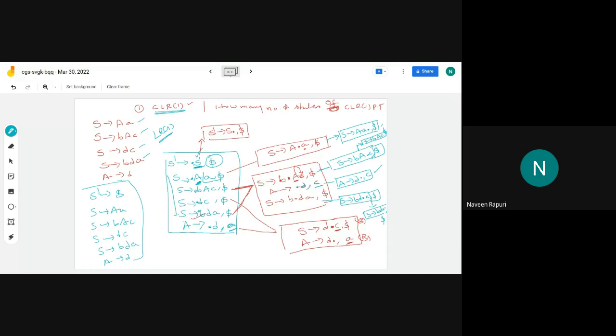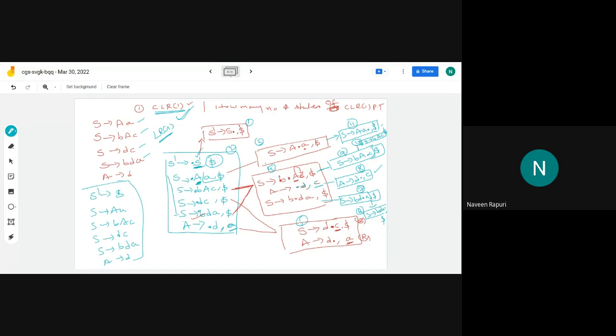So here it is a CLR1 grammar because there are no RR or SR conflicts. And how many states are there? 1, 2, 3, 4, 5, 6, 7, 8, 9, 10, 11. 11 states are there, and this is a CLR1 grammar.